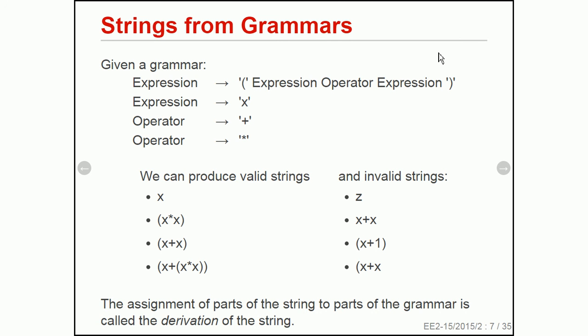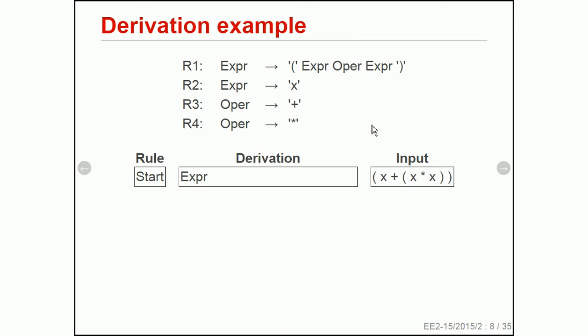So this whole thing of assigning bits of a string to things within the grammar is called the derivation of the string. So here's an example where we've got the same rules and now I've labelled them so we can talk about which rule it is. Here is our input that we actually want to parse, and our input consists of a sequence of symbols.